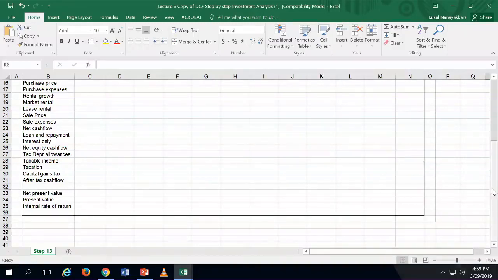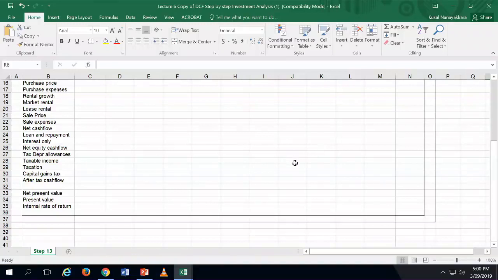To get the value of the property, just use the reverse cap rate from year 11, but without tax depreciation, because we don't hold the property in year 11. Depreciation, what asset are you using? Prime cost. Yeah, make it simple.